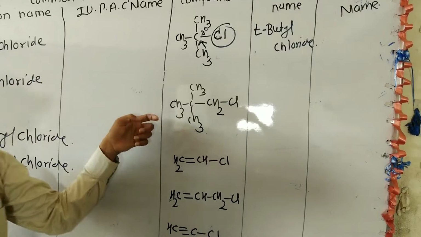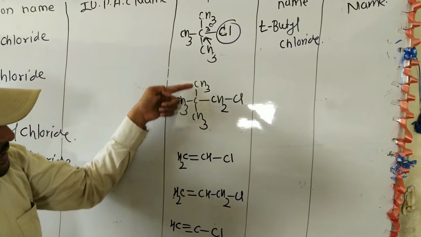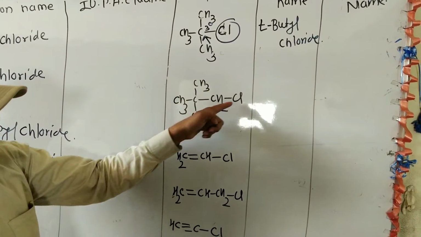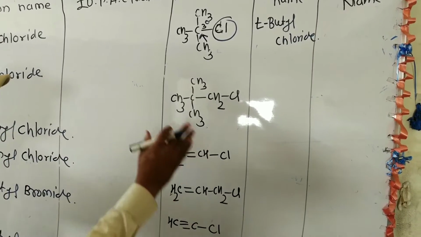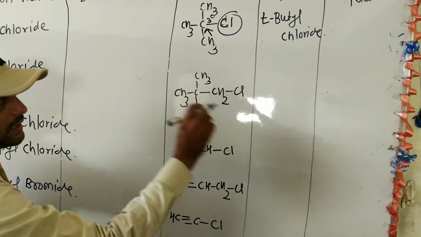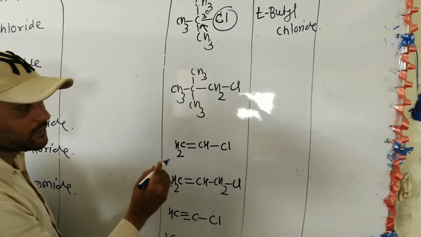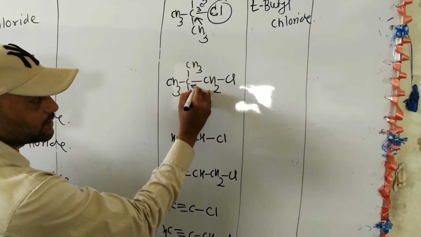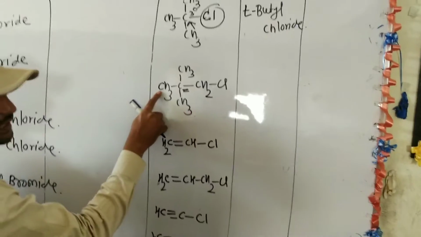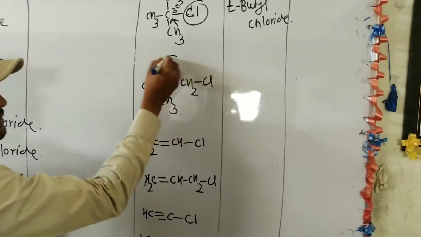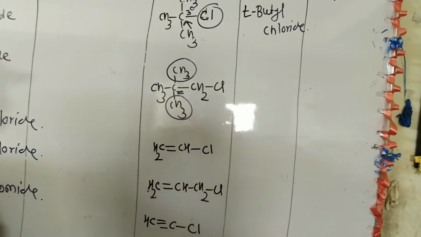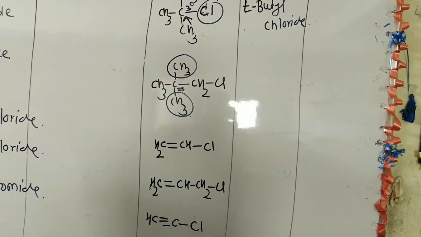Now next example, here (CH3)3CCH2Cl. Look at that. In this example, in a chain of carbon, the second carbon of the chain bears 2 methyl groups.